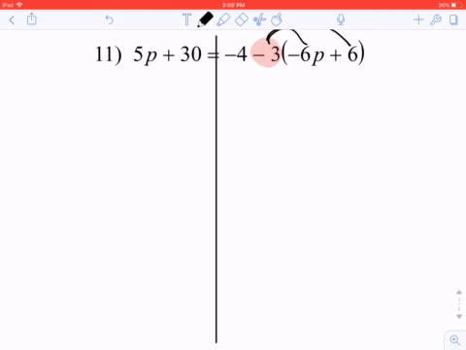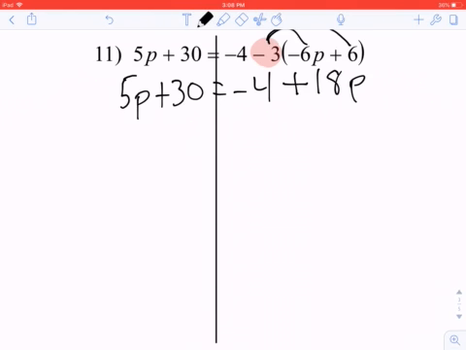I'm going to work from left to right and just bring my work down. 5p is not going to change. Plus 30 does not change. Minus 4 does not change. Negative 3 times negative 6p gives us positive 18p. Negative 3 times positive 6 gives us negative 18.